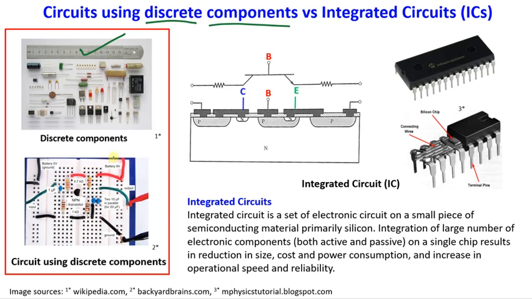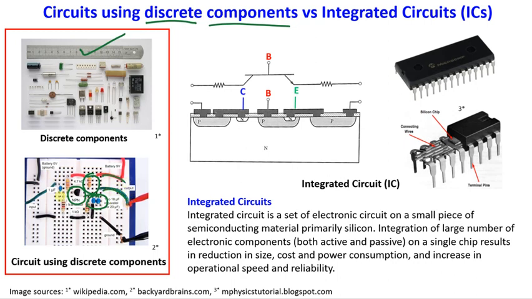And you can use these discrete components to make circuits. So for example, this is one breadboard that you can see here, right? And you can identify the different components. This is a resistor, this is a transistor, right? This may be some capacitors, and then finally you have some connecting wires.